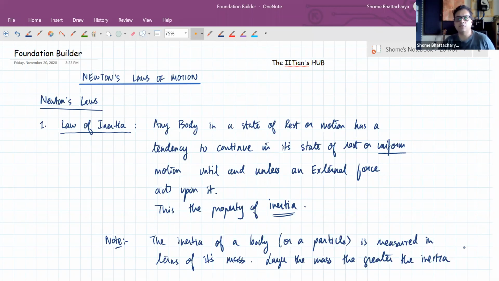Something external has to act on it. Until that happens, it's not going to change its state. And that external thing that acts on it, causing it to change its state of inertia, is called force. So the statement is that until and unless an external force acts upon it, the body will have a tendency to continue in its given state.